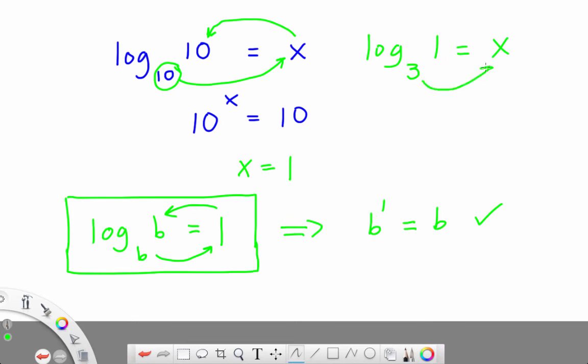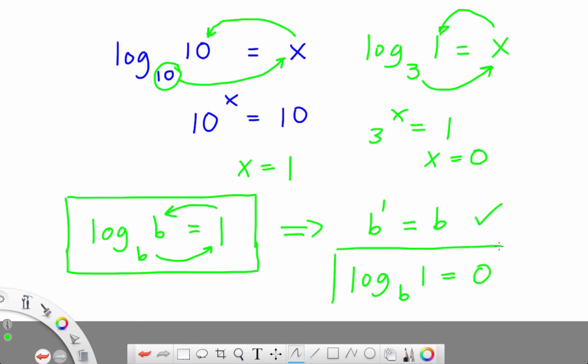Start at the base. 3 to the x equals 1. This one is a little bit trickier, but with a little thought, we know that x equals 0. 3 to the 0 equals 1, which leads to another rule. For any valid base, b, log base b of 1 equals 0. B to the 0 equals 1. It's always true.